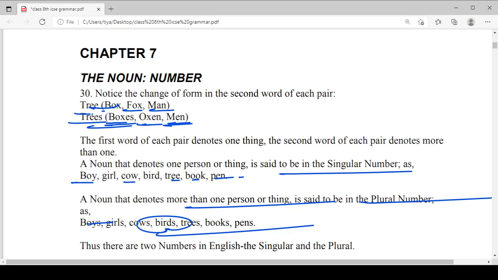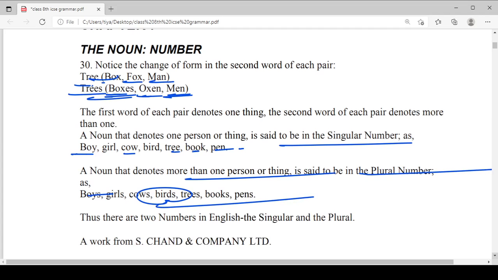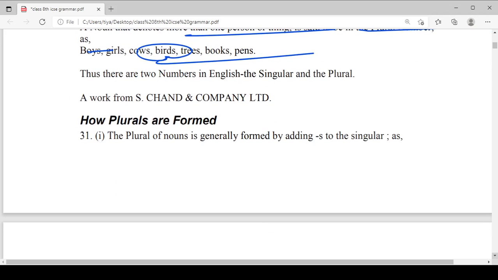Here we are talking about the number of nouns, which simply means the singular or the plural nouns. When we want to change a singular noun to the plural noun, we need to just add s or es, or sometimes change the spelling, according to English grammar.